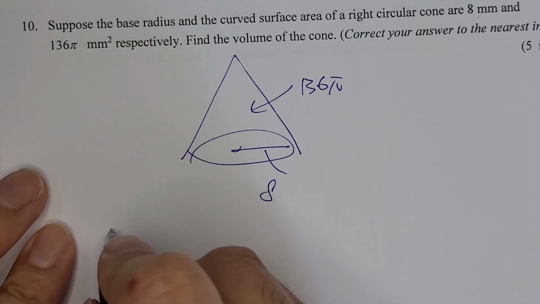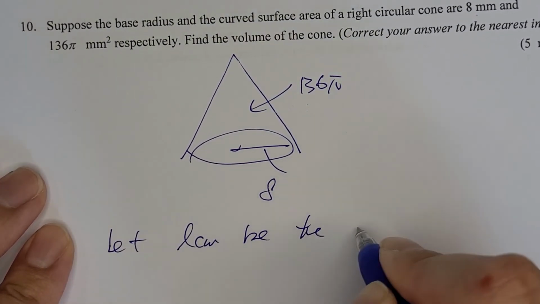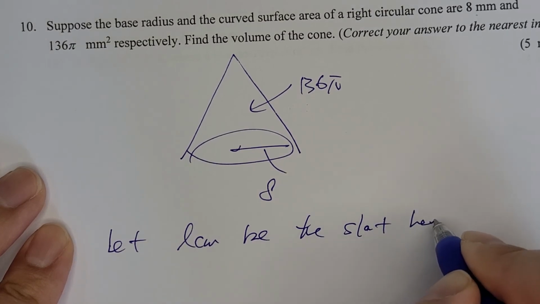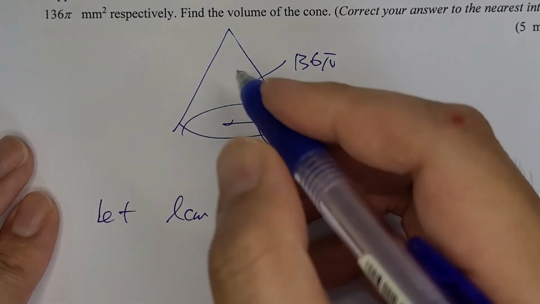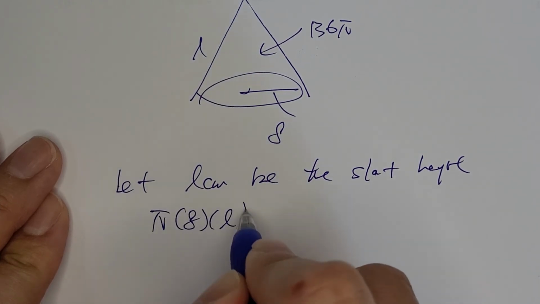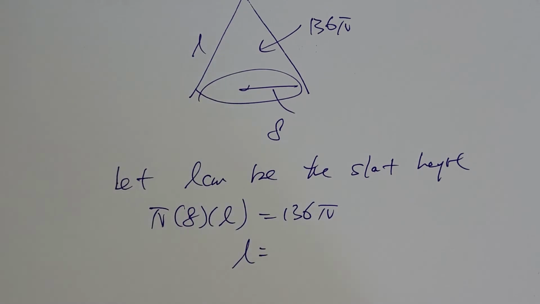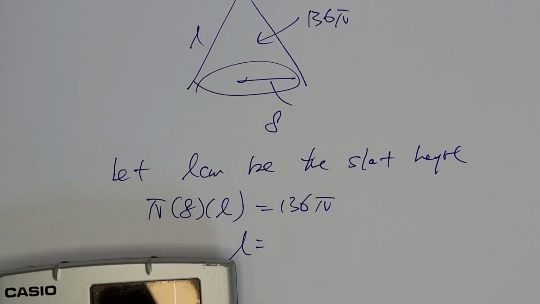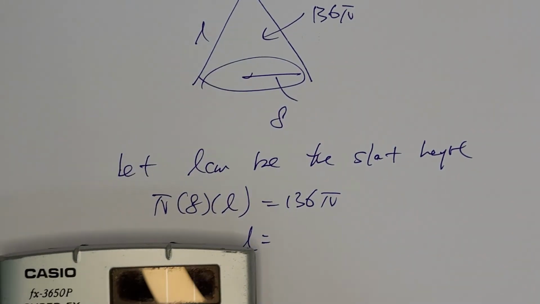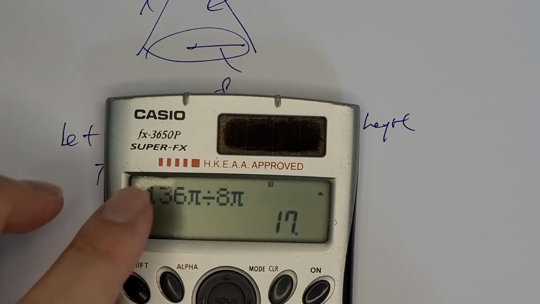So let l cm be the slant height. That means this one, l. So pi times 8 times l will be 136 pi. Then you can find l. 136 pi divided by 8 pi, 17.